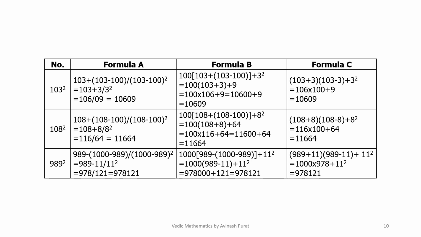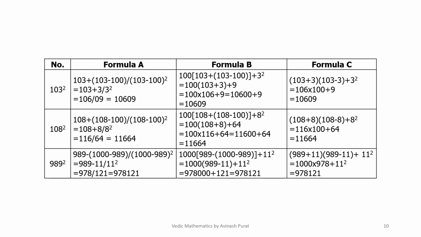Second formula: 100 multiplied by (108 plus 8) plus 64, equal to 100 multiplied by 116 plus 64, that is 11,600 plus 64, equal to 11,664.